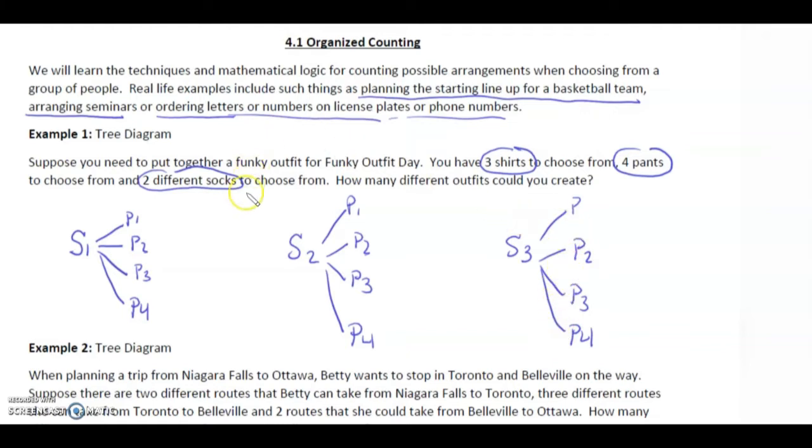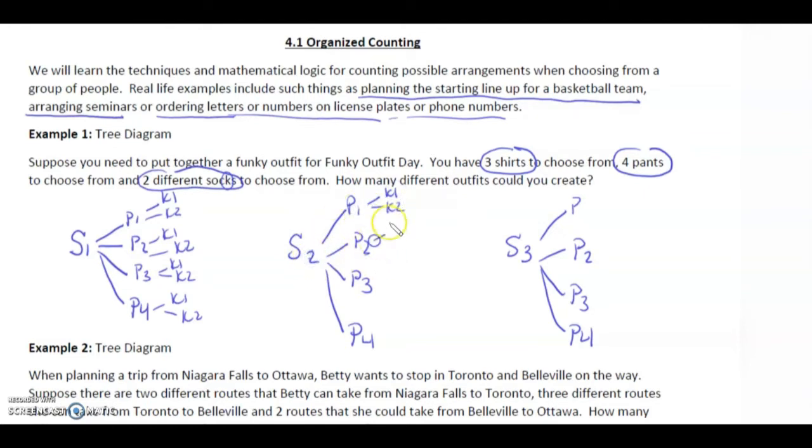Now you have 2 different socks to choose from. For socks, I'm going to use a K: sock 1 or sock 2. With each of these possible outfits, you can extend it into sock 1 or sock 2. For example, shirt 2, pant 1, sock 1, or shirt 2, pant 1, sock 2.